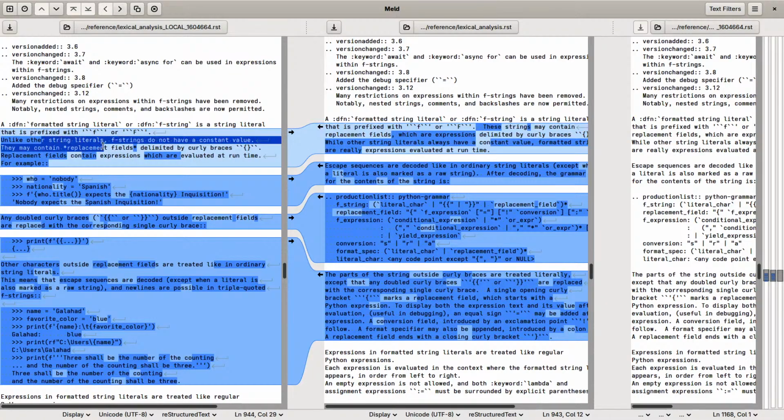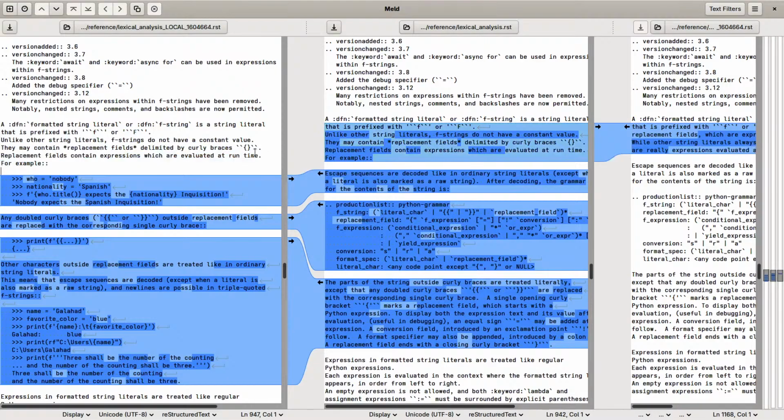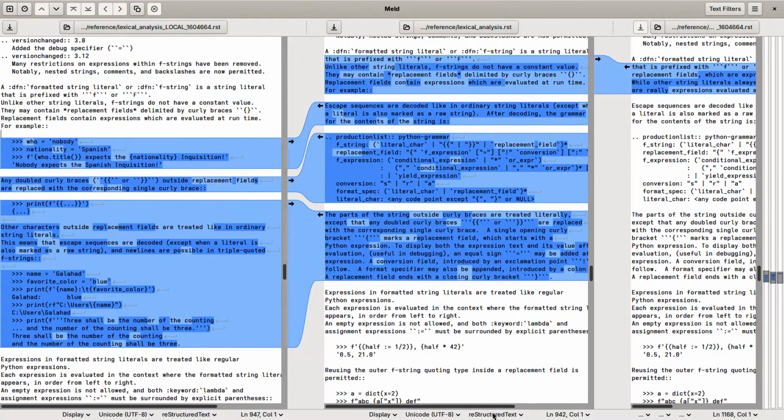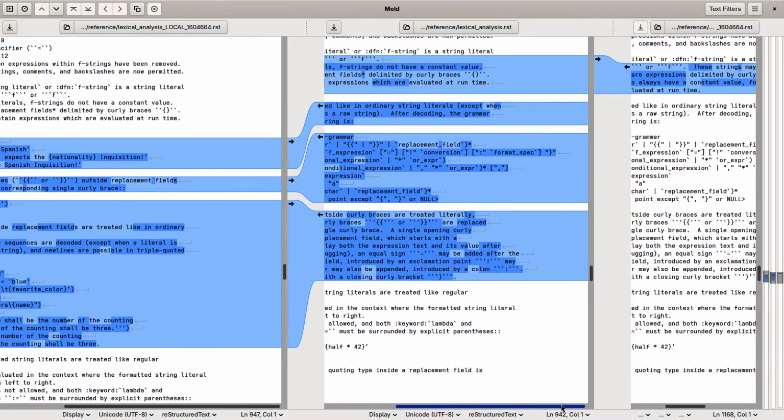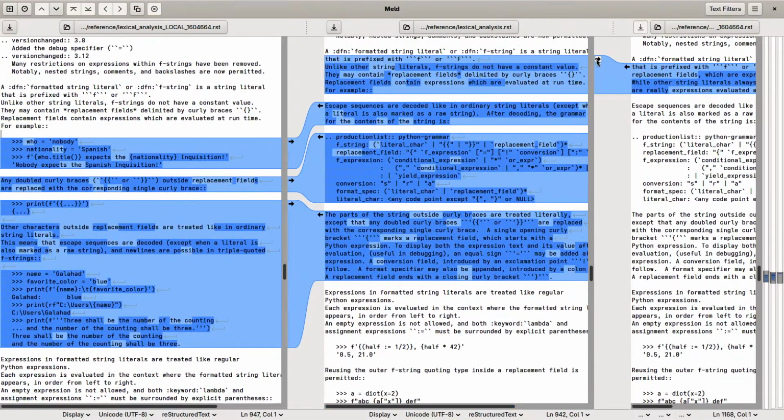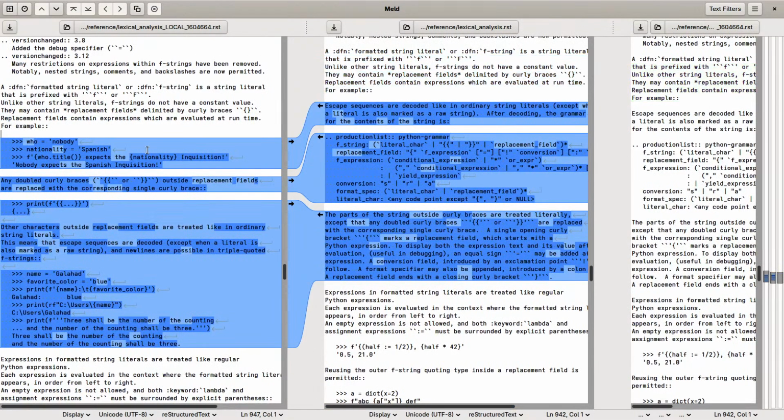Unlike other string literals, yeah. So the change in the main branch is to put the quotes around the prefixes, and I guess that was the only change there. And the rewording we should keep from our branch.